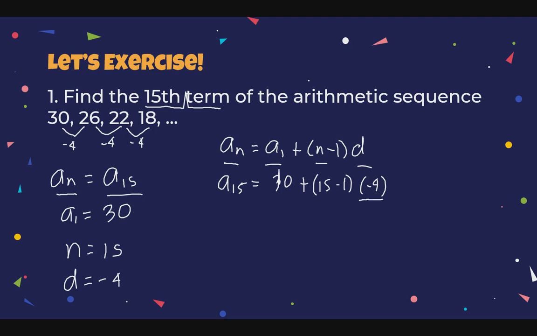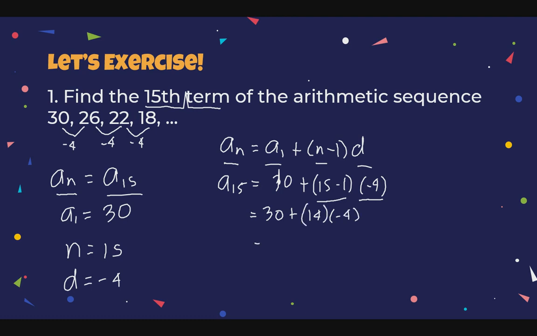Kasi magmumukhang minus 4 kapag walang parenthesis. Kaya ang goal natin is to multiply it. So a sub 15 is equal to 30 plus 15 minus 1. Again, unahin natin yung nasa parenthesis, which is 14 times negative 4.